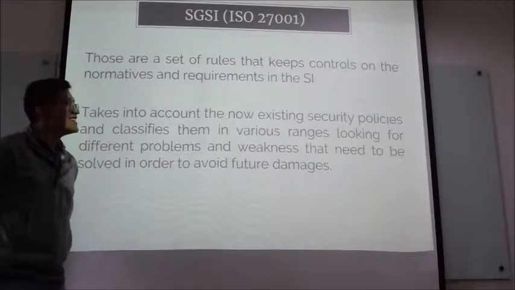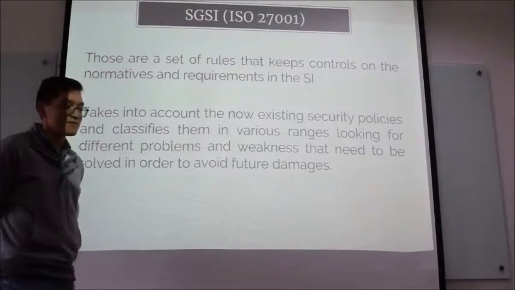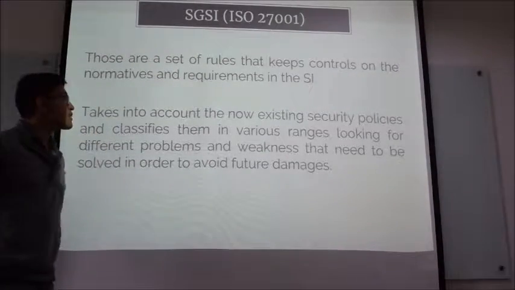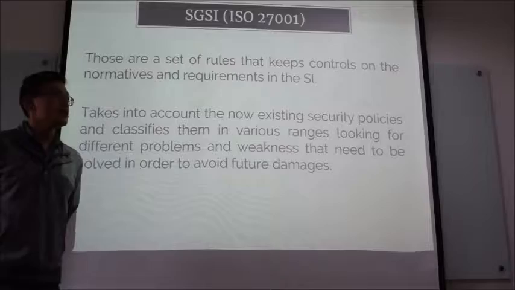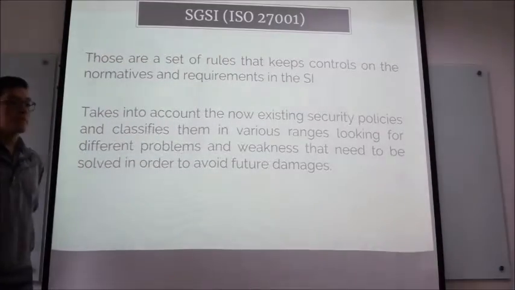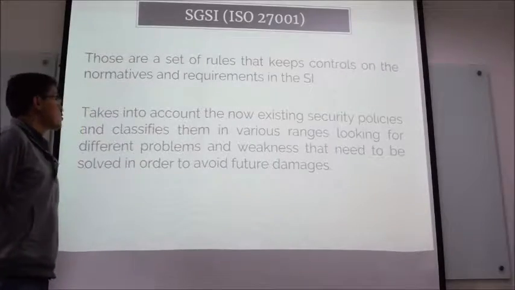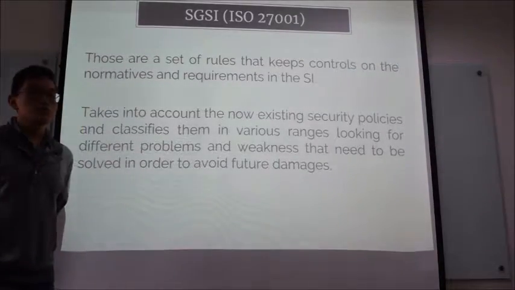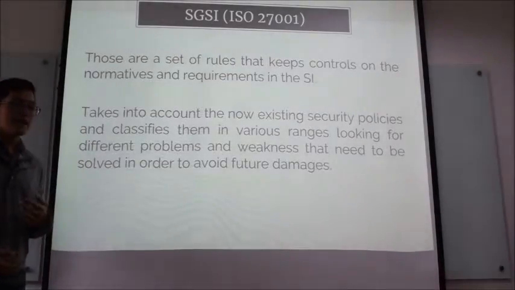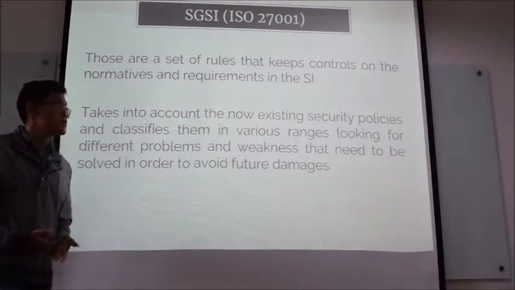The Information Security Management System is a set of rules given by ISO. Those rules keep controls on the implementing of SI. So this takes into account the actual policies that the library has in terms of security.